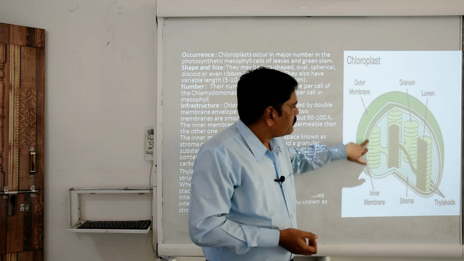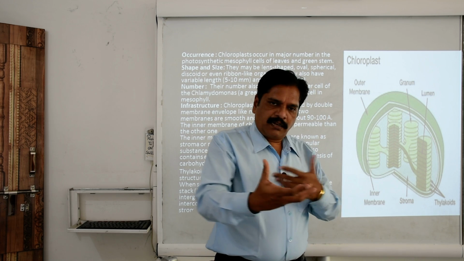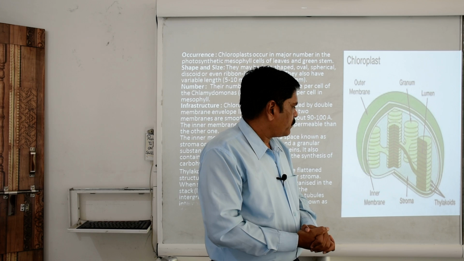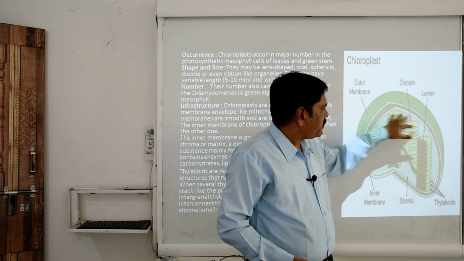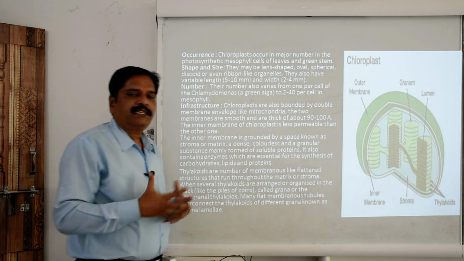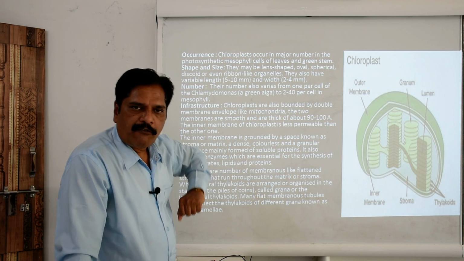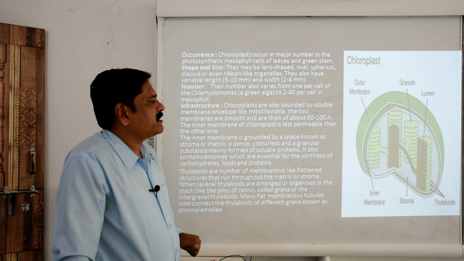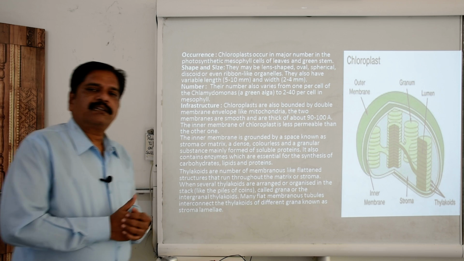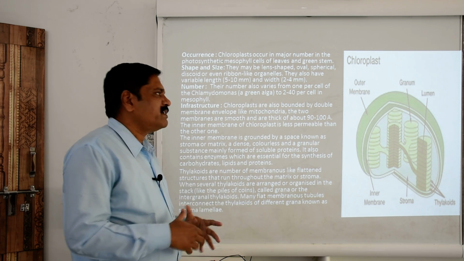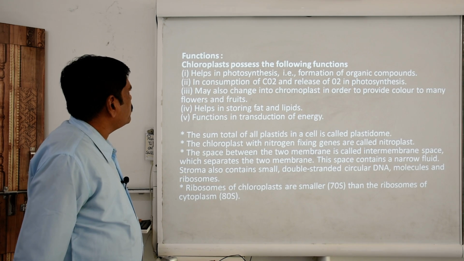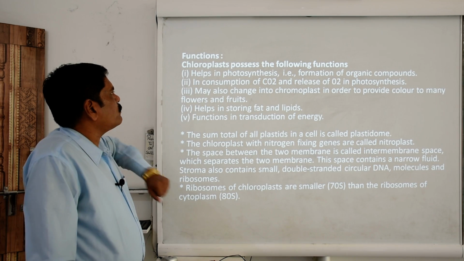All the grana are attached with the help of the intergranal network, and it remains dipped in the matrix which is called the stroma, and whatever enzymes are required for the photosynthetic process are present in the stroma. Further, the solar energy is trapped and finally converted into chemical energy. Clear?